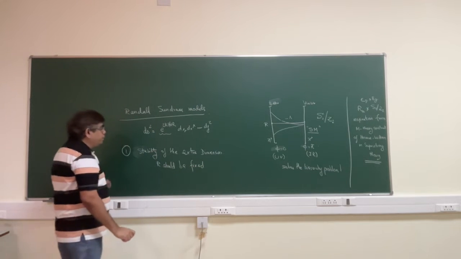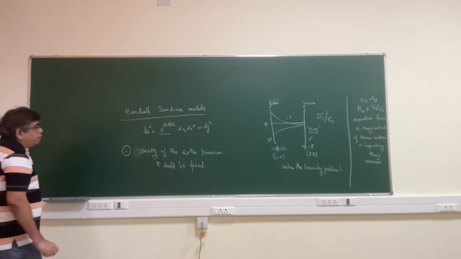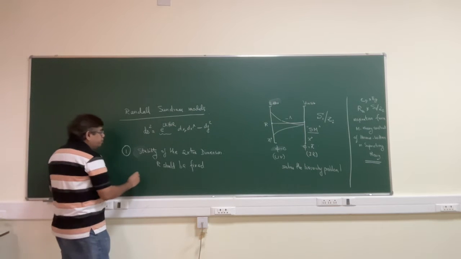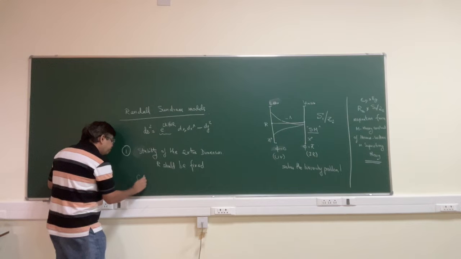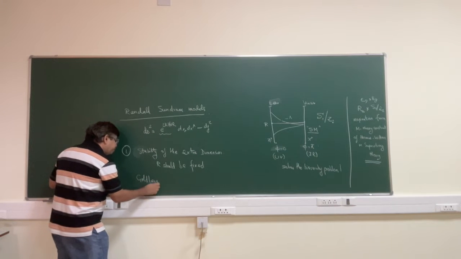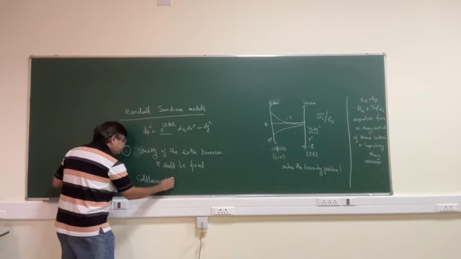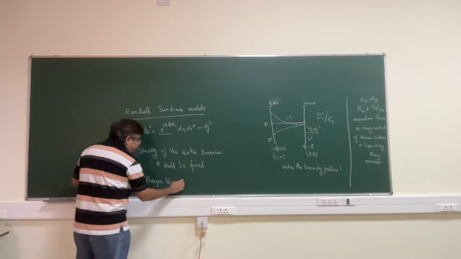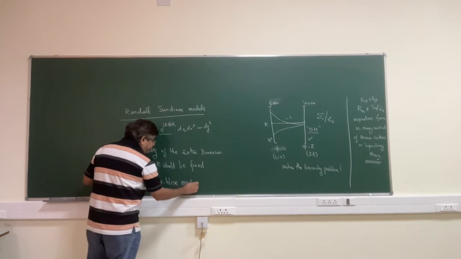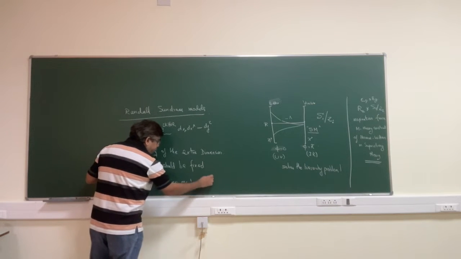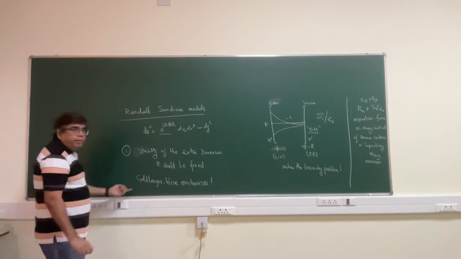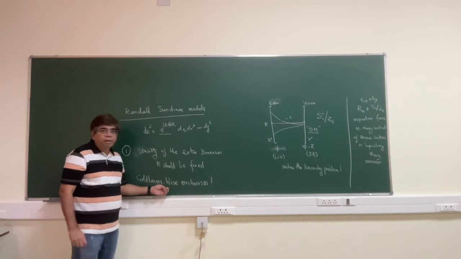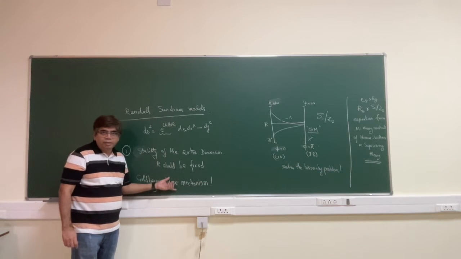There is a solution for this stability, and it goes by the name Goldberger-Wise mechanism. Wise is the same Mark Wise. Isgur-Wise, the same Wise. He has so many things in his name.